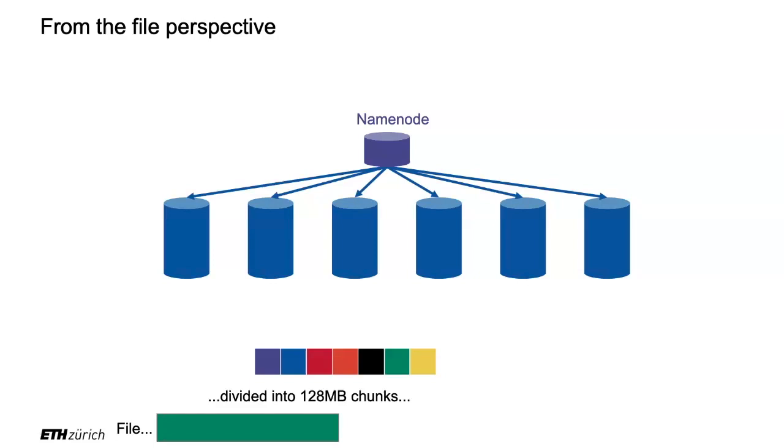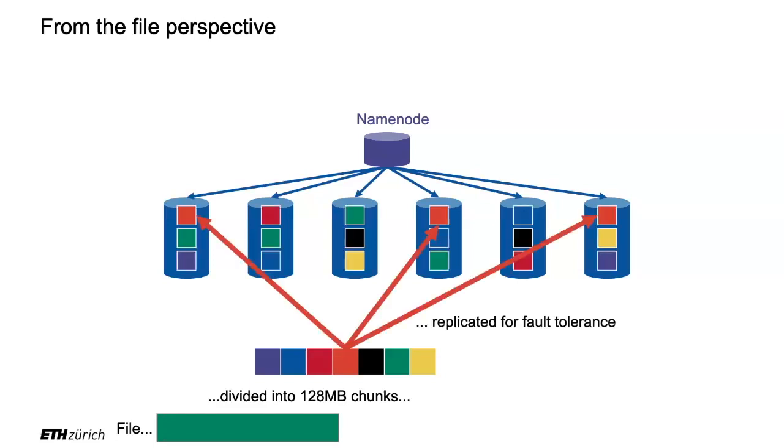What do we do with these chunks? We distribute them all over the place. However, we also replicate them. This means that every one of these blocks is not just stored once, not just stored twice, it's stored 3 times. Every one of these blocks will be stored on 3 machines. So I took the example of this orange block right there.